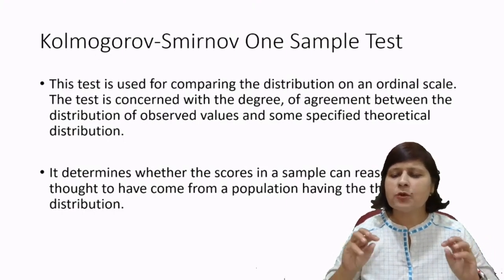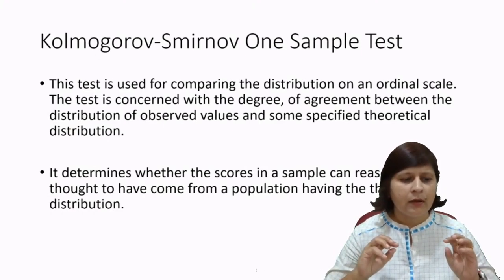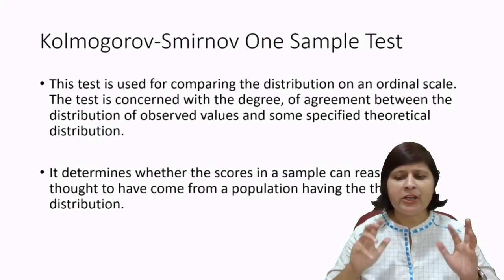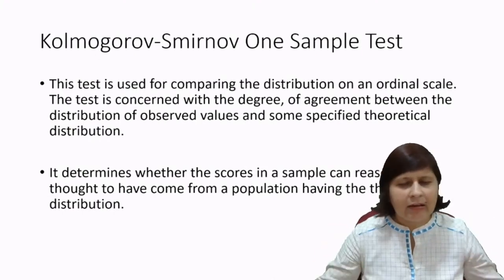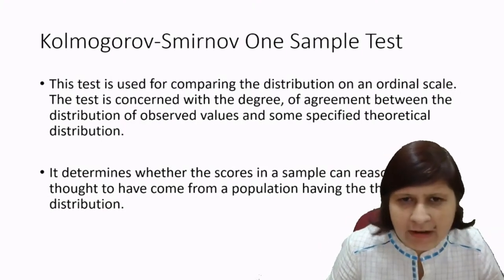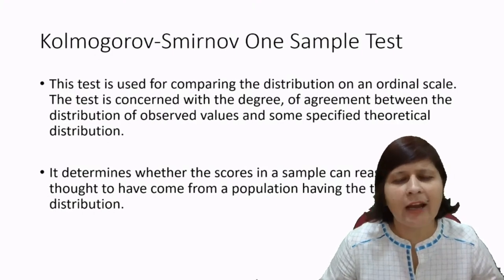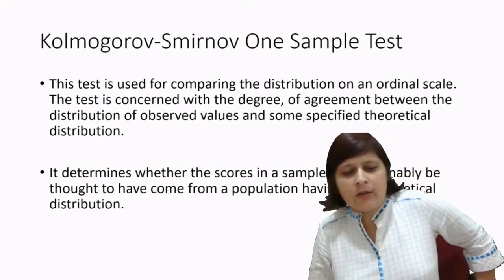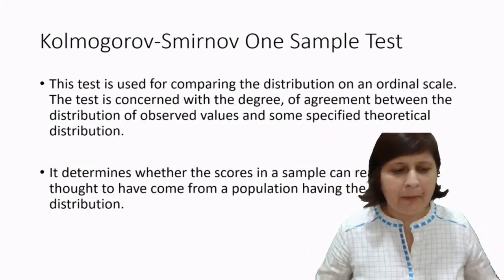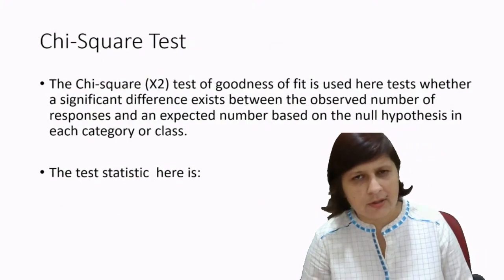It determines whether scores in a sample can reasonably be thought to have come from a population having a theoretical distribution. When you compare your observed value with that theoretical value, you can analyze whether your data has come from a population having the theoretical distribution or not, right?